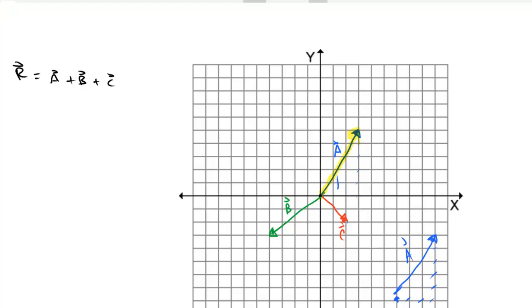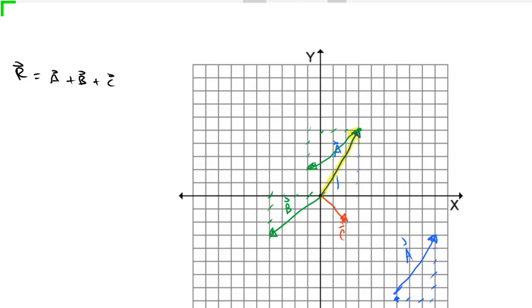So we would place vector B at the head of vector A. Vector B moves to the left 1, 2, 3, 4, and moves down 1, 2, 3. So we'll do the same thing here, over 4 and down 3. Vector B takes us from the end of vector A to over here.